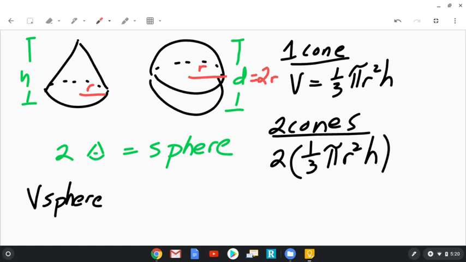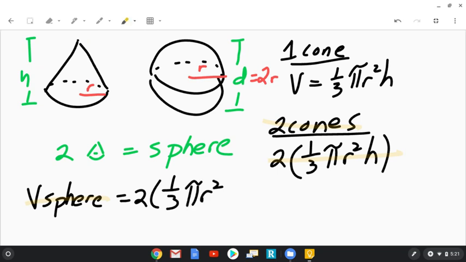So we just saw that the volume of 2 cones is the same as the volume of the sphere. So I can now say that the volume of my sphere would be equal to 2 times 1/3 pi r squared.